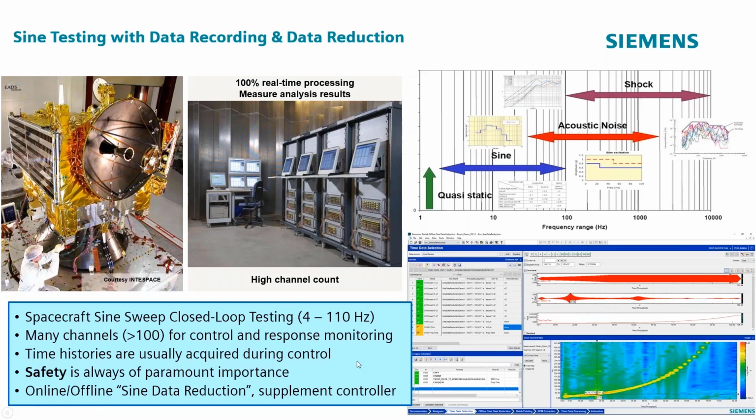And really what we're doing with this secondary system is taking time histories, and you can use online sine data reduction to supplement the controller and be able to process those time histories live. So it's an added bonus to just years and years ago when we just used to plug these channels into a signal conditioner and go right into a tape recorder and record the raw voltage data.